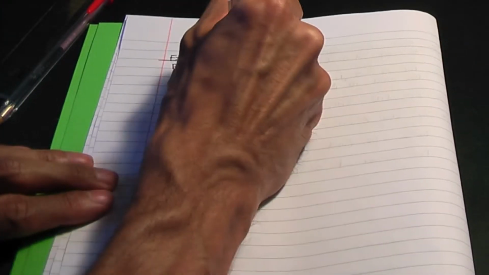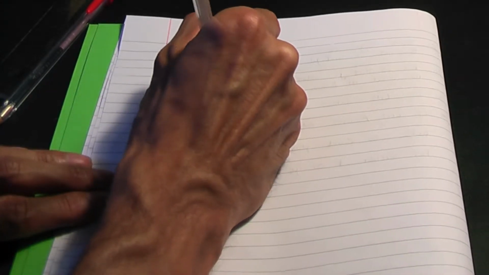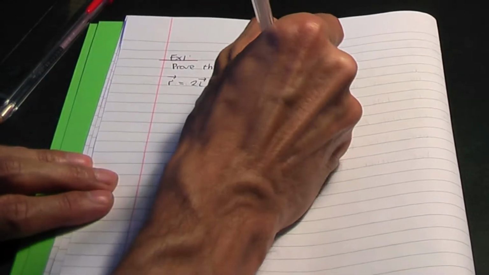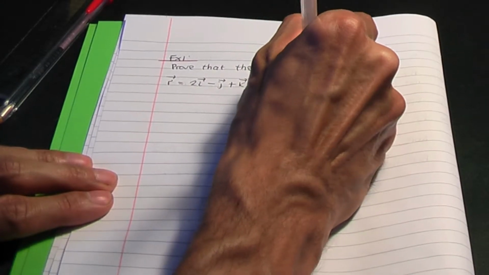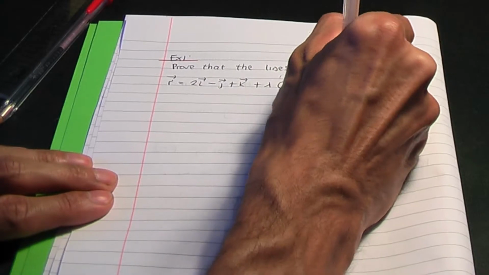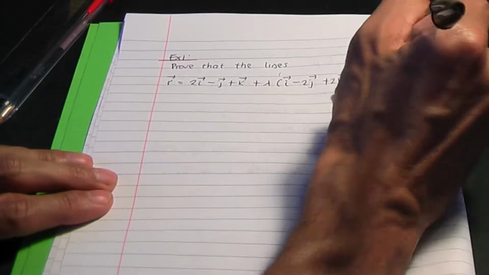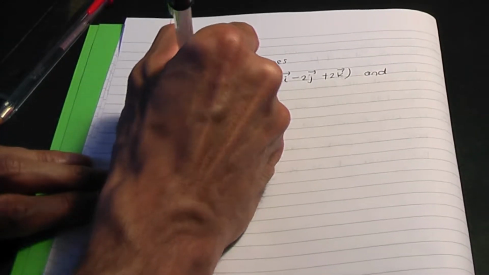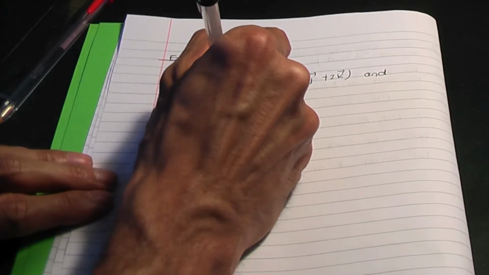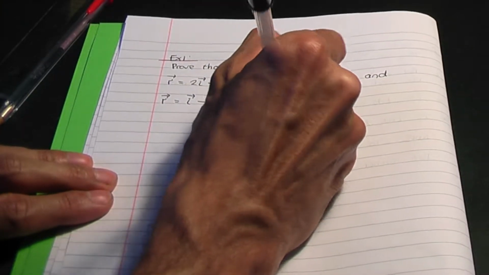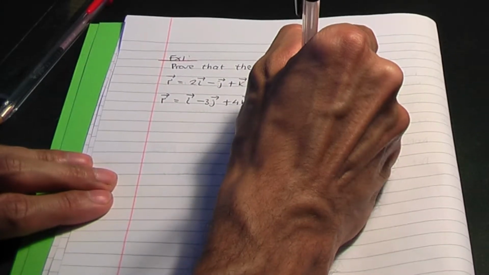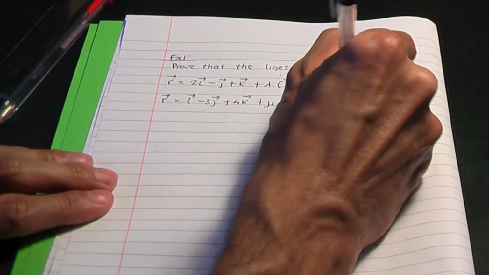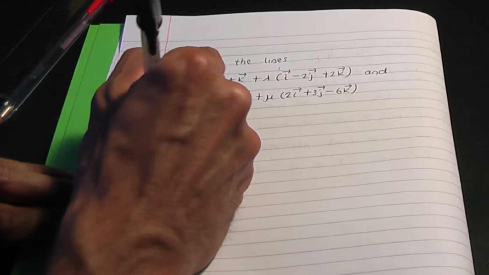In the first example, let's prove that the lines, the first line is r equals 2i minus j plus k plus lambda into i minus 2j plus 2k, and we have another line, r equals i minus 3j plus 4k plus mu, open a bracket, 2i plus 3j minus 6k, and we need to prove in this case that the lines are skew.